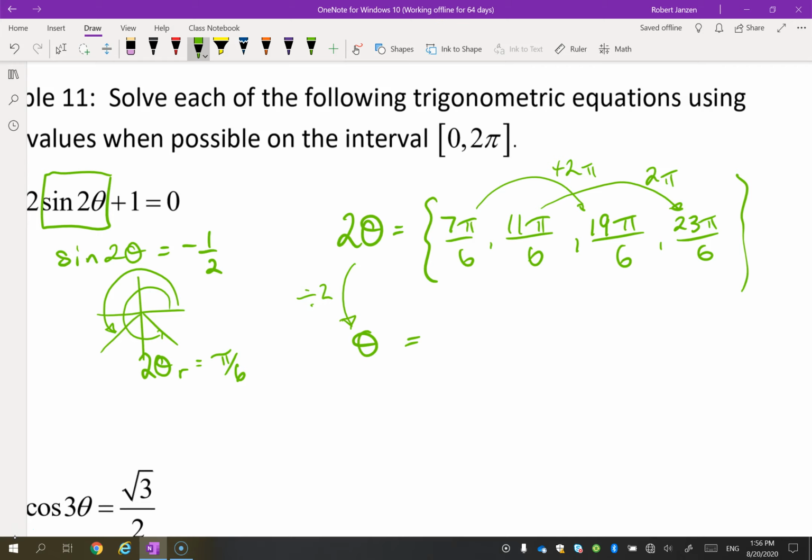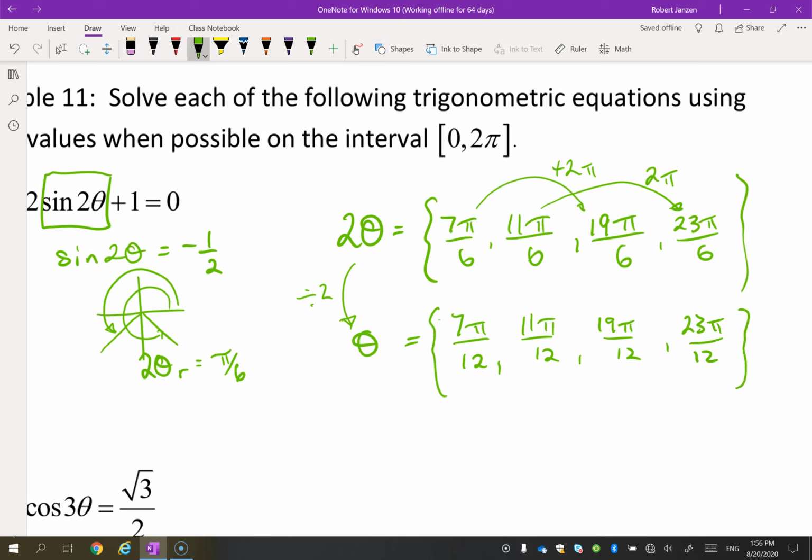We're dividing the answers in half. What is 7 pi by 6 divided by 2? That's like multiplying by a half, so you'd get 7 pi by 12, 11 pi by 12, 19 pi by 12, and 23 pi by 12.